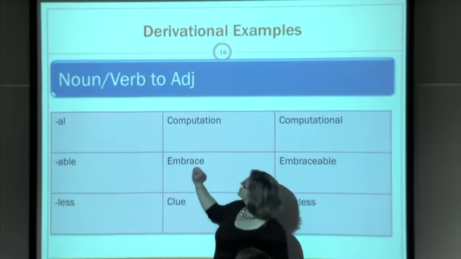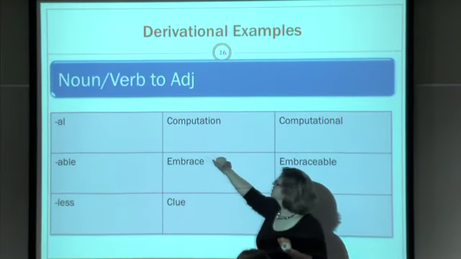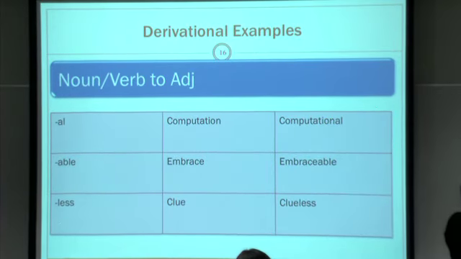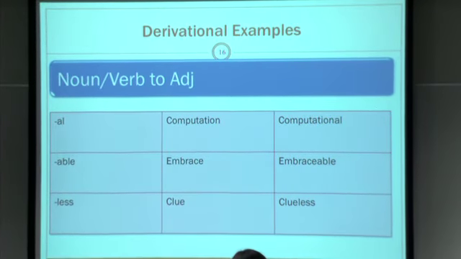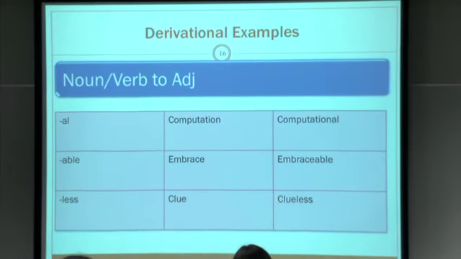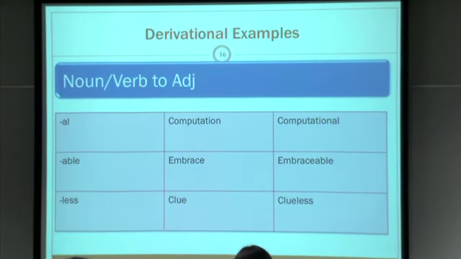Similarly, you can change nouns and verbs to adjectives. So computation, computational. Confrontation, confrontational. Exception, exceptional. What does the al mean in these situations? Yep, it characterizes a person or a thing. So the computational, it can refer to a process, and it's like this process reflects this noun.